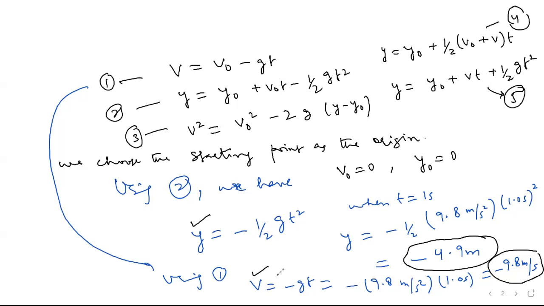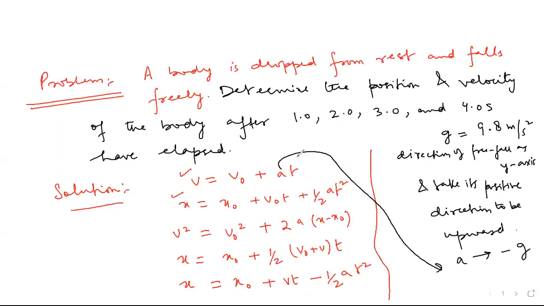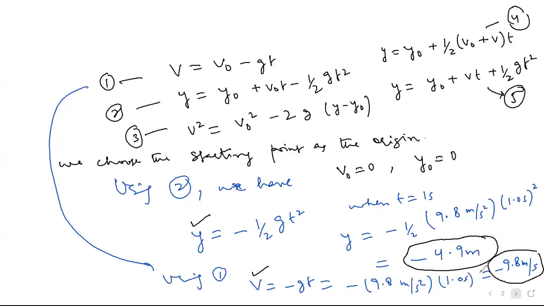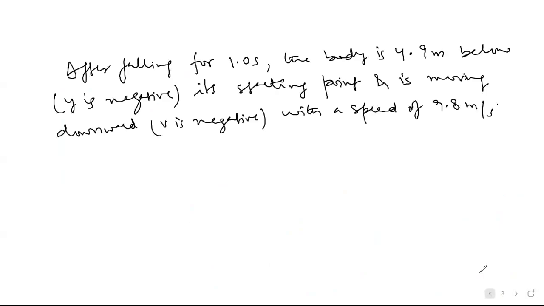Similarly for 3 second and 4 second. The question asks us for 1 second, 2 second, 3 second, 4 second. 1 second I have done. 2, 3, 4, you will do it yourself. Solve the numbers. I will give the values. The answers which you will get will be like this. I will show a little figure. That figure will indicate.